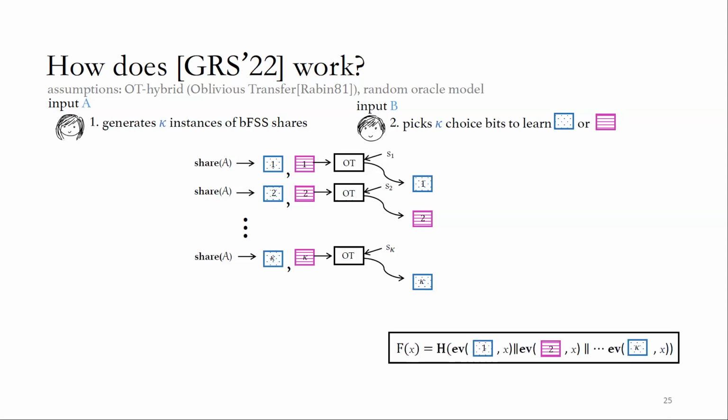After this point, Bob defines this special function f. And to evaluate this function f, he evaluates all his FSS shares on any given point. Then he concatenates the result and feeds it into a random oracle. And the result of the random oracle is this evaluation of this function f on a point x.